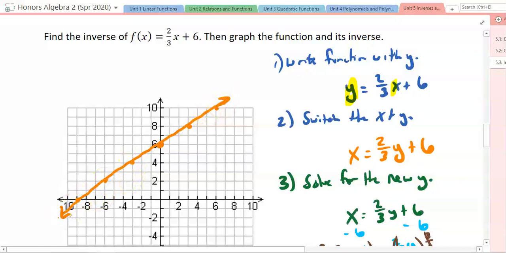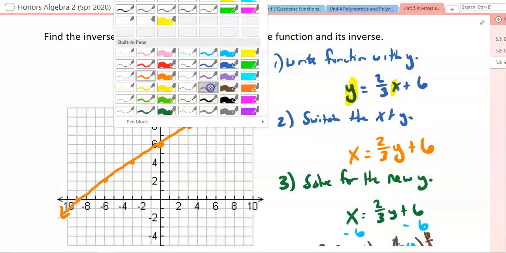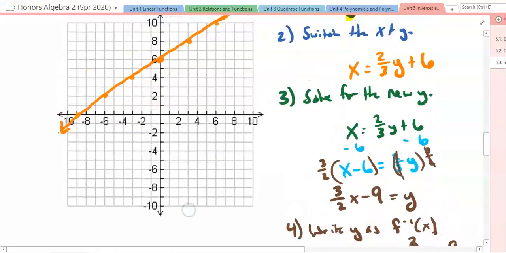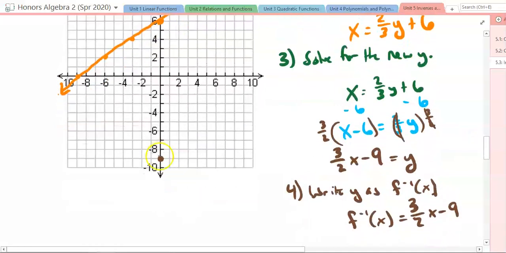Okay. Let's talk about what I found for the other one. F inverse of x is equal to 3/2 x minus 9. That's a 3 here. That's a 2. So I'm going to start at the negative 9, and I'm going to go up 3 and right 2.